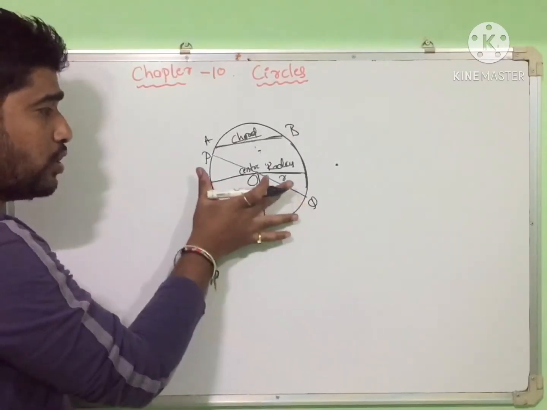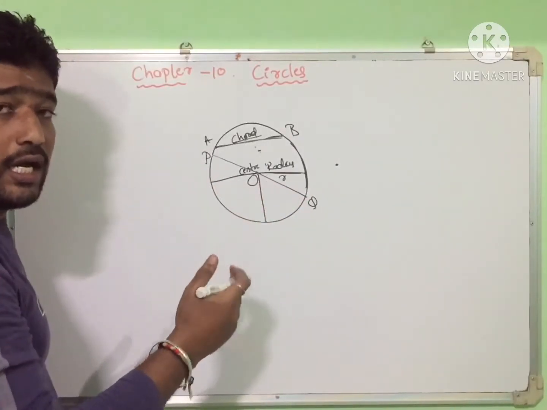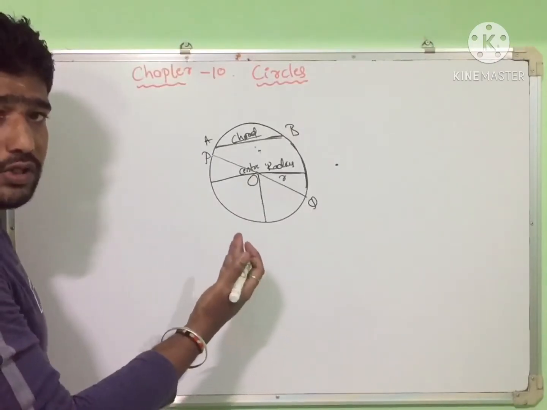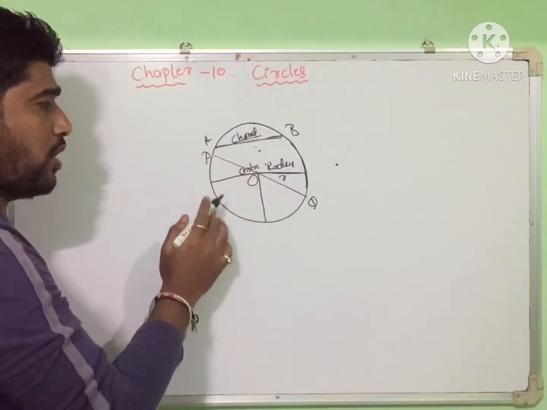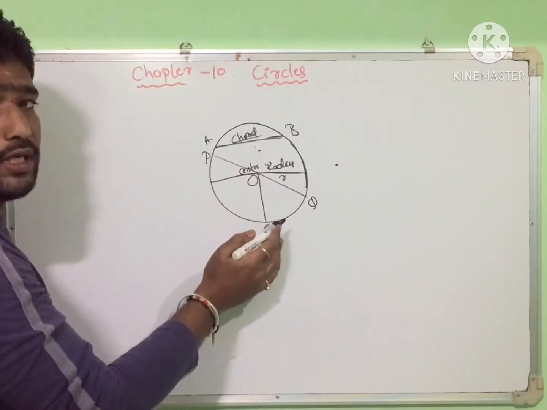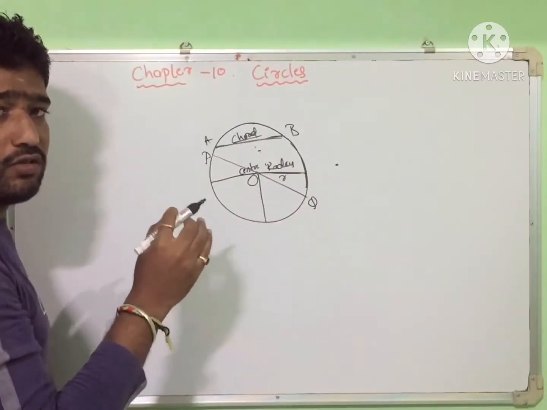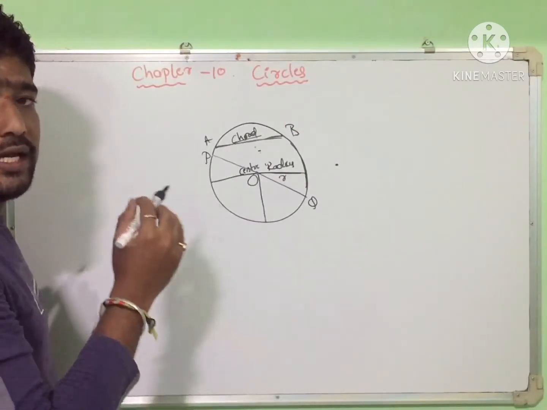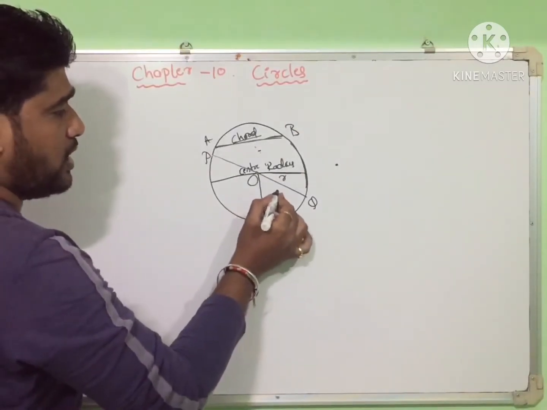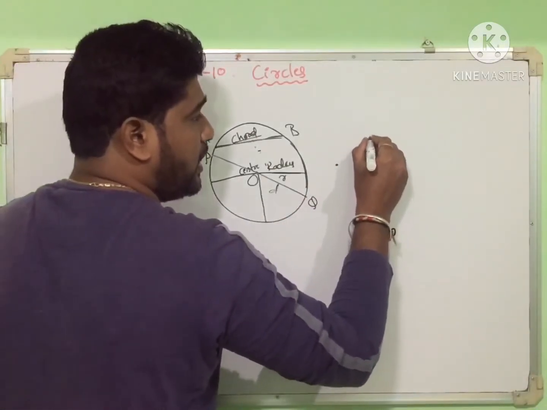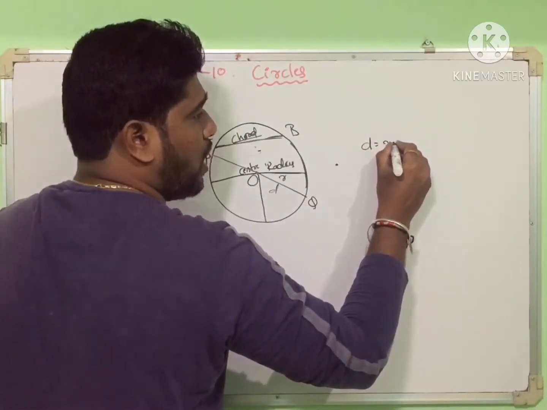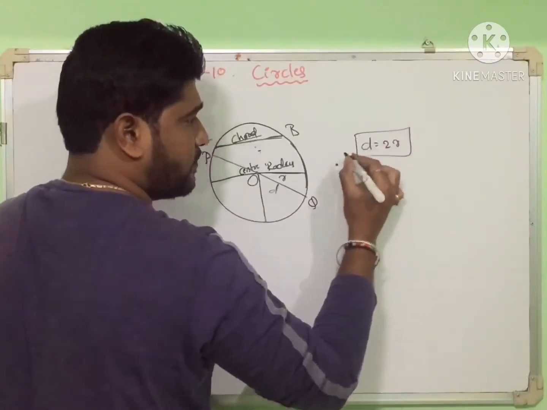PQ is the diameter, and it is also called the largest chord. AB is also a chord, and PQ is the diameter. It is denoted as a small d, right? And so here d is equal to 2r, two times the radius.